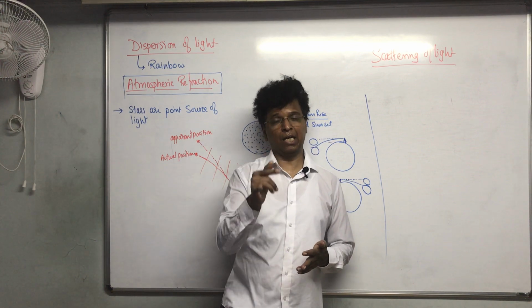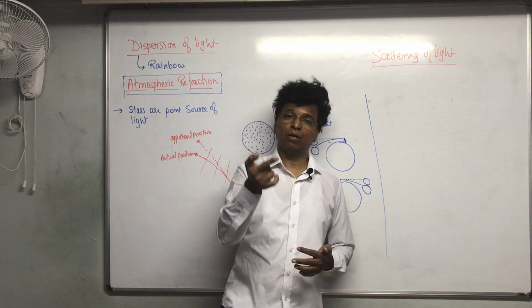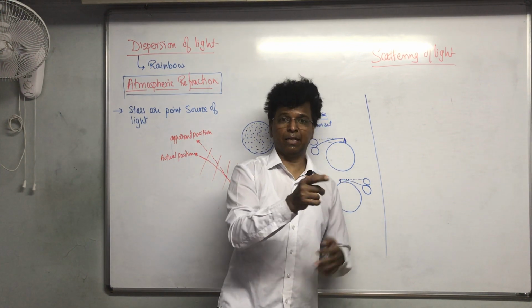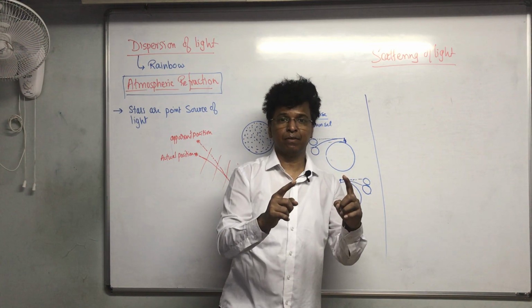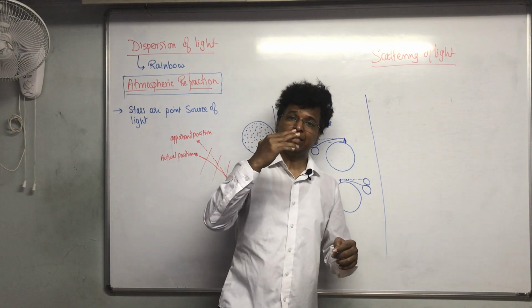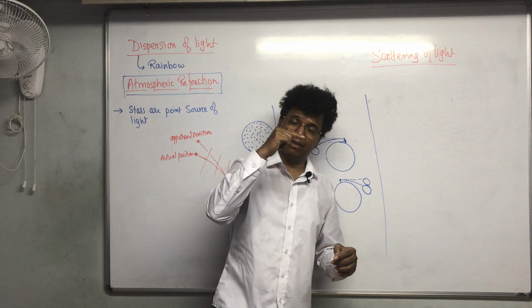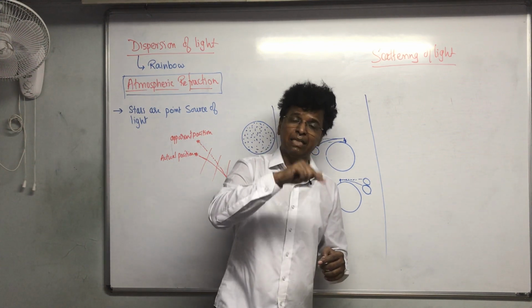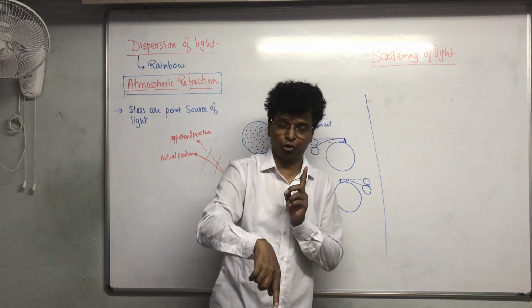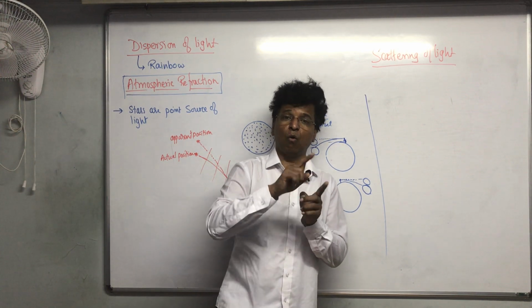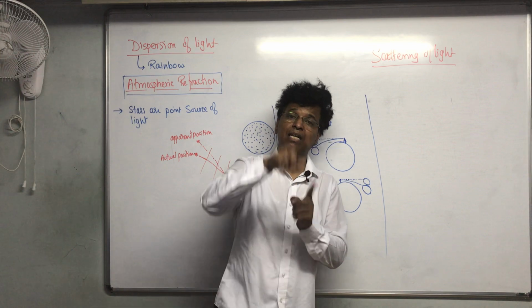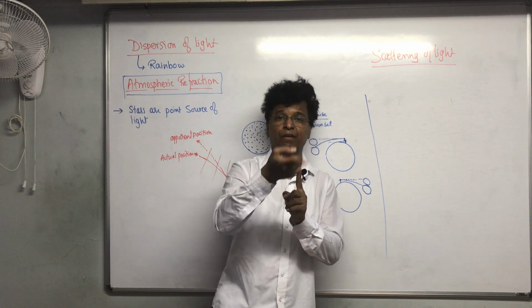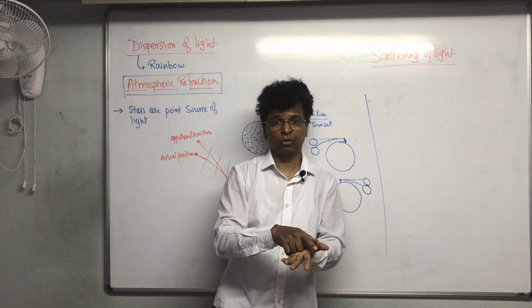Because every color has a different velocity in a medium, so it gets deviated at a different angle. The red deviates the least while the violet deviates the most, because the speed of violet is the least and the speed of red light is the most.